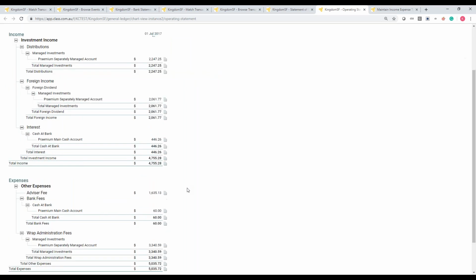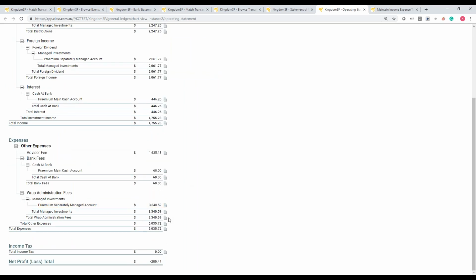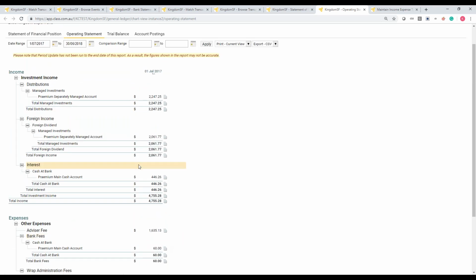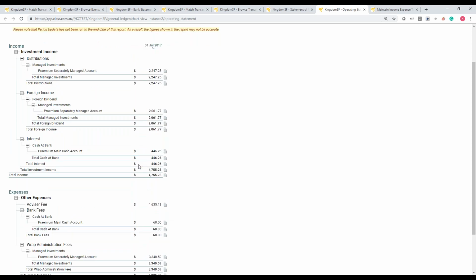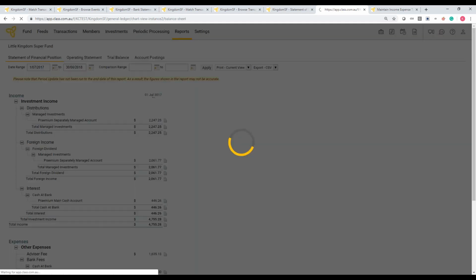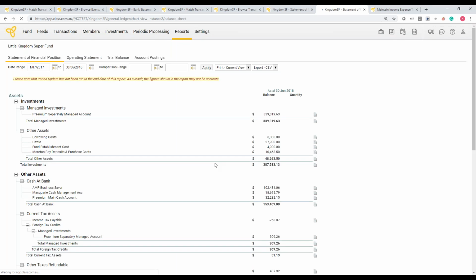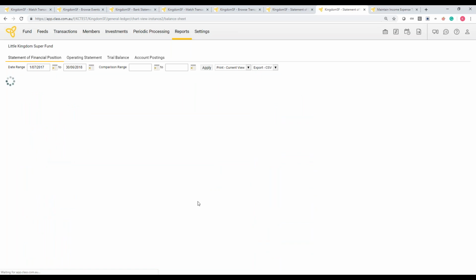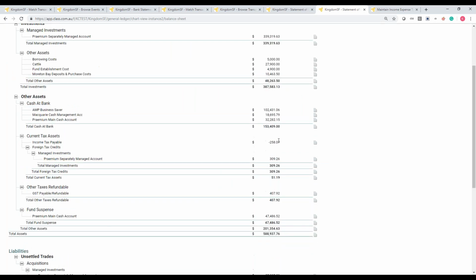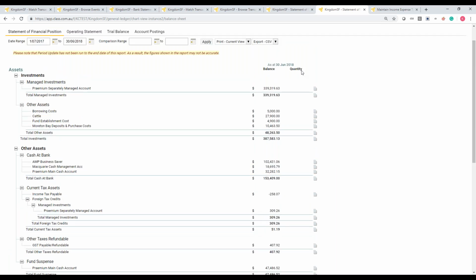And if I drill down to the statement of financial position, refresh, sorry, then you can see the foreign tax credits there. Yeah, 309.26. Okay, let me just go back. So I've published the step. Foreign income is done.